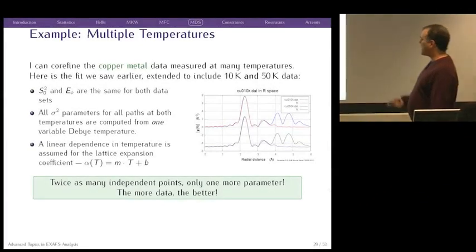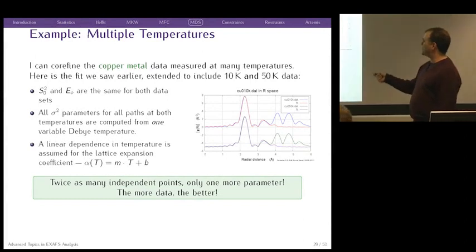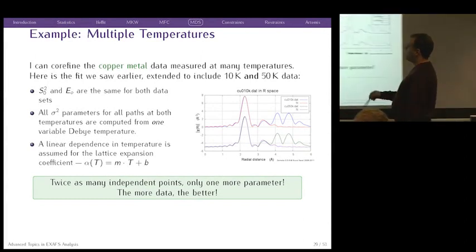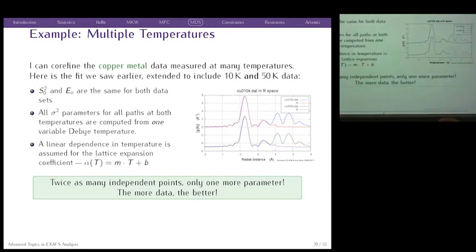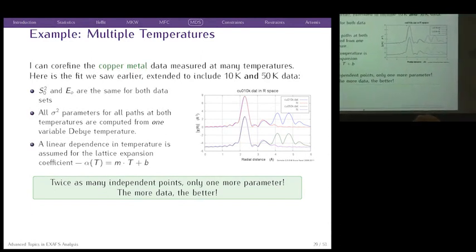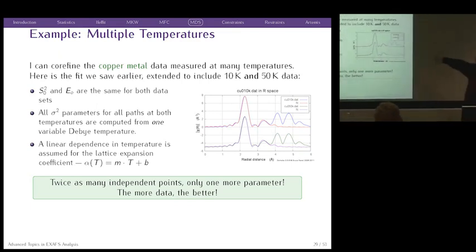So I just make a line where the temperature is something I know for each sample, and now M and B, the slope and the offset, are parameters in the fit. So I doubled the amount of information by co-refining the data, but I only added one more parameter.